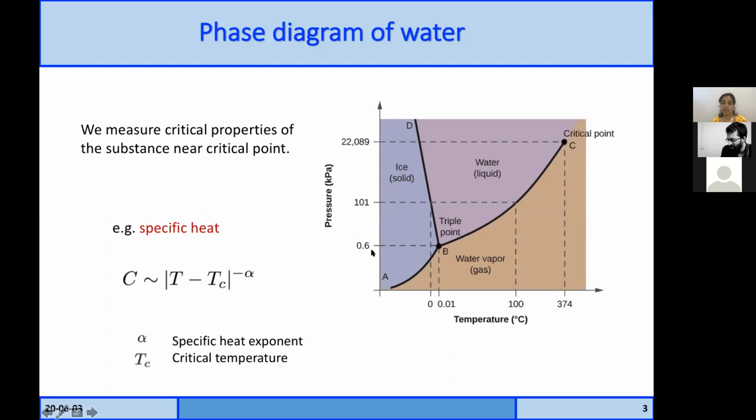Here, this is the pressure axis and this is the temperature axis, and we can measure various quantities near the critical point. For example, if you measure the specific heat of this system, it comes out to be of this form. C is the specific heat, T is the temperature, Tc is the critical temperature, and it has this power law behavior. This alpha is the specific heat exponent. So there is a spike at the critical temperature Tc.